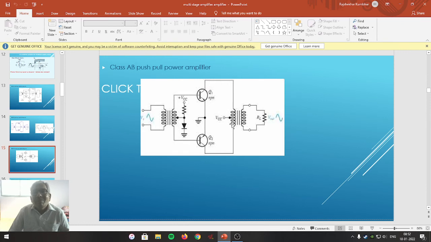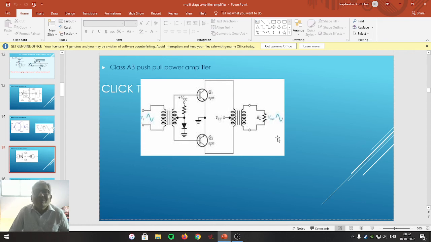This will develop mutual flux linked between primary and secondary, allowing output current to pass through the load resistance, and that will develop amplified output power. Friends, this is how the class AB push-pull power amplifier works, and it avoids the crossover distortion which is present in the case of the class B push-pull power amplifier.